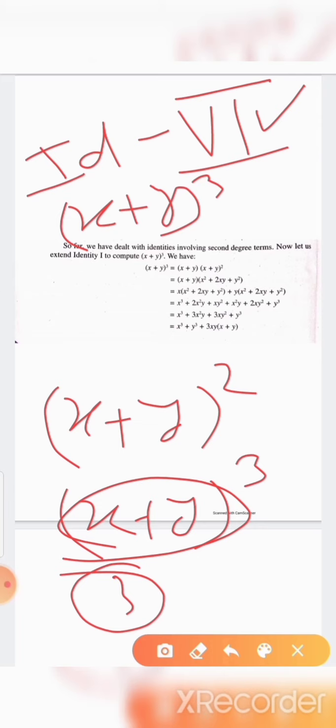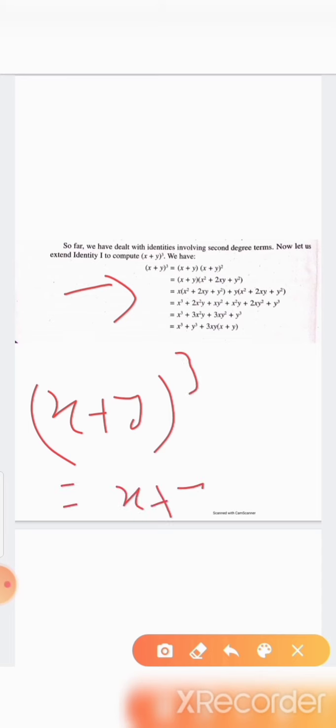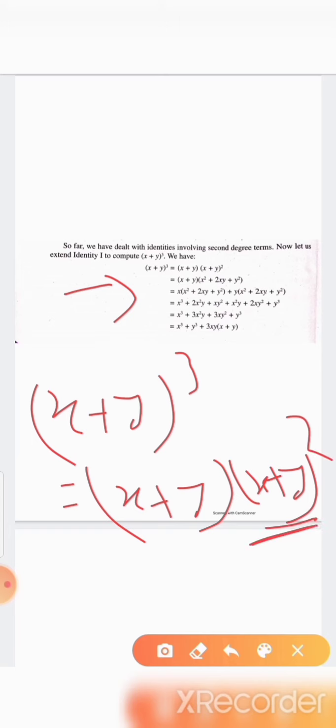For that, first we write x plus y whole cube as x plus y into x plus y whole square, because this step we get by using identity number 1. We split this term by using identity number 1, and then multiply the answer by the bracket x plus y. So x plus y whole cube is x plus y multiplied by x plus y whole square.